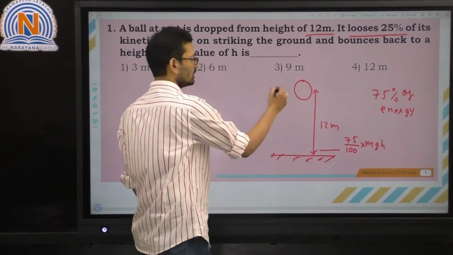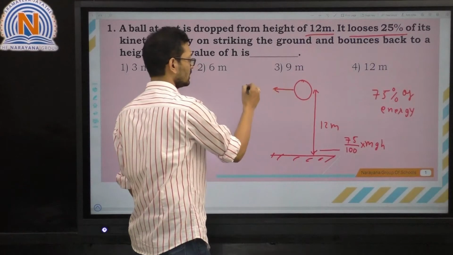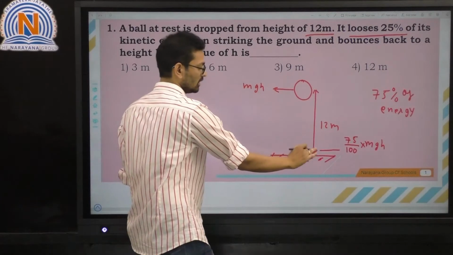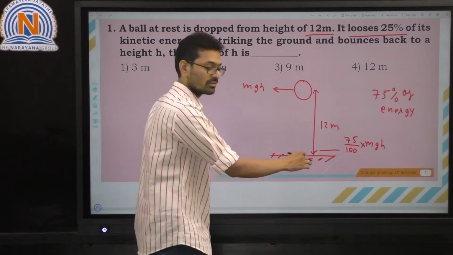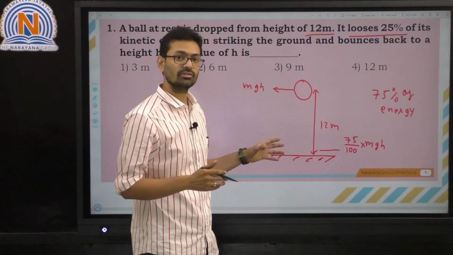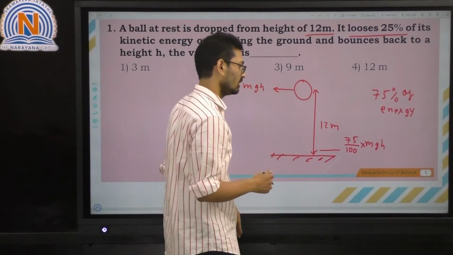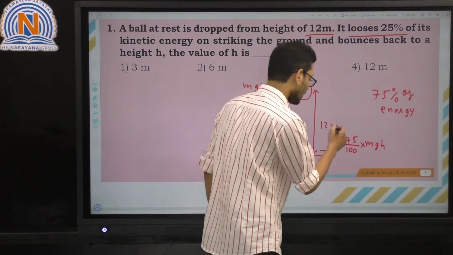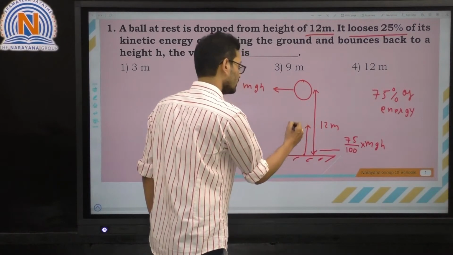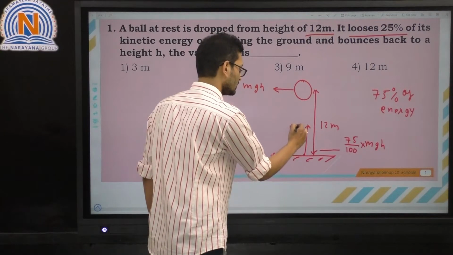Because at the starting point the energy is mgh, but after hitting the ground it lost 25% and the remaining is 75%. So 75 by 100 into mgh is going to be there. After hitting, it rises to a certain height, which we will take as h dash.